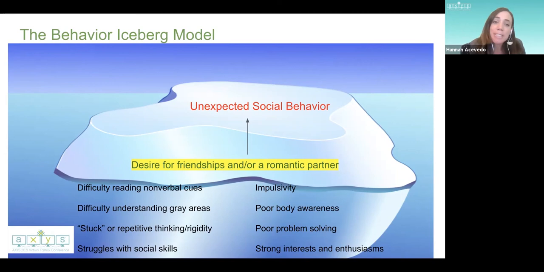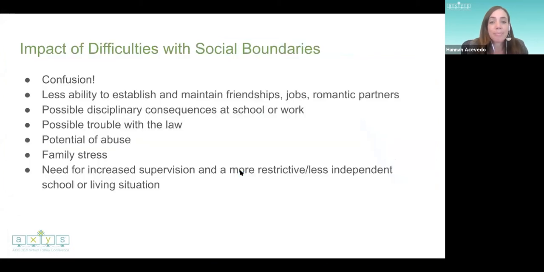Typically developing teens and adults may have this desire, and individuals with X and Y chromosome variations may have this desire. What complicates it sometimes are underlying difficulties: reading nonverbal cues, understanding gray areas, struggles with social skills, poor body awareness, or strong interest in one area. And that can lead to some difficulties.